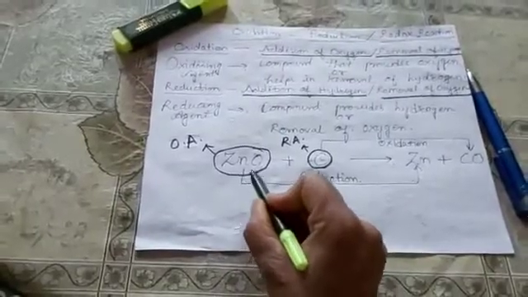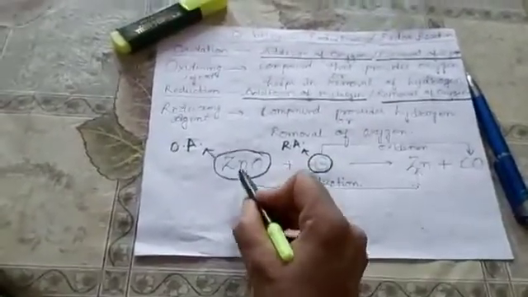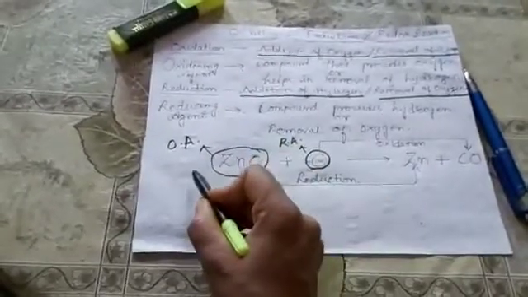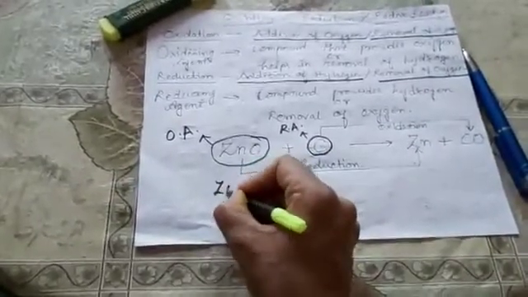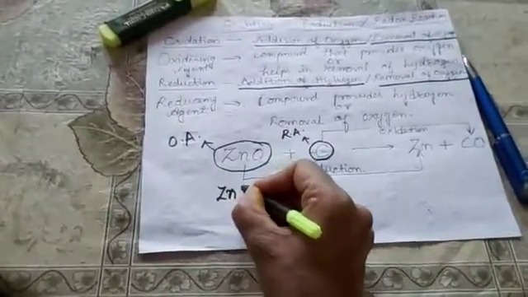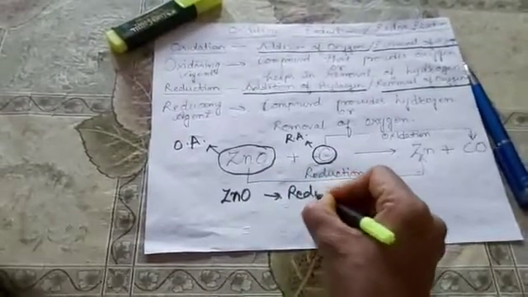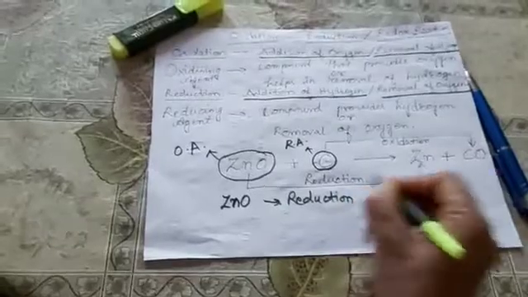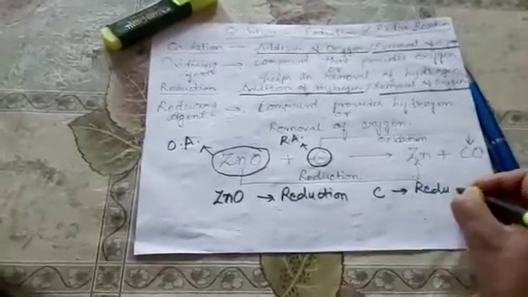This is how in a particular reaction we can identify four terms: the compound at which oxidation or reduction takes place, and the oxidizing and reducing agents respectively. From this equation we found that at zinc oxide the process of reduction is taking place and carbon is behaving like a reducing agent.